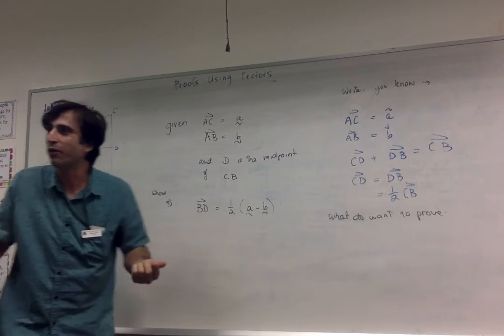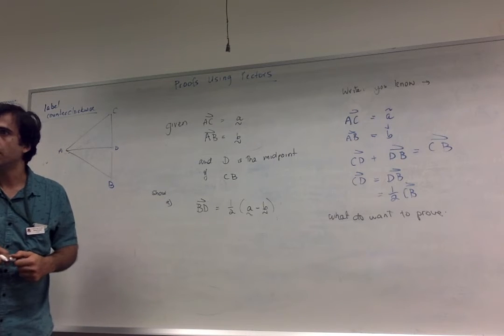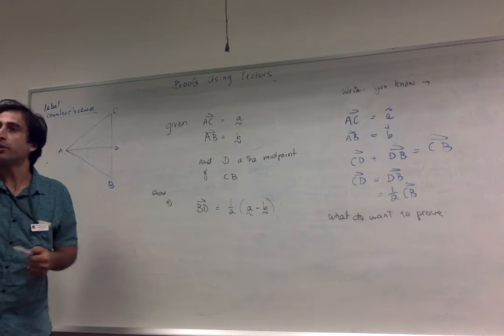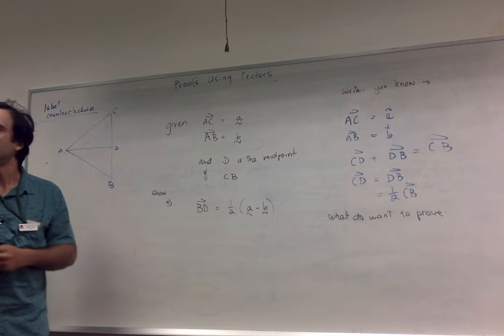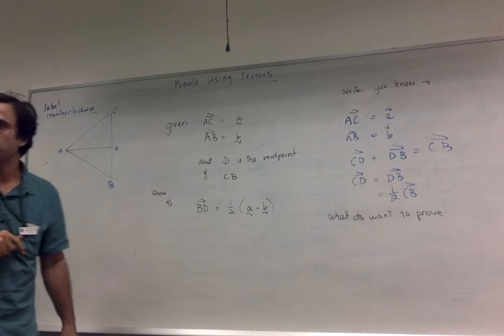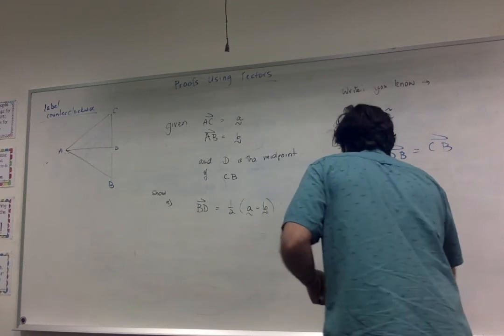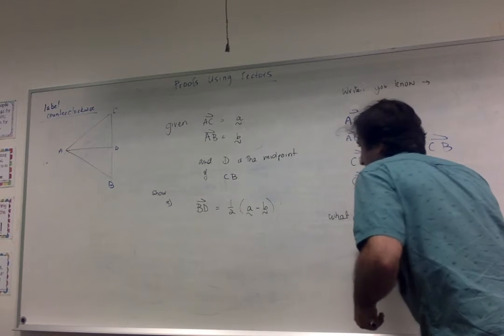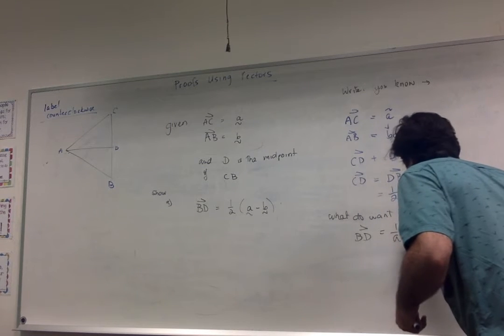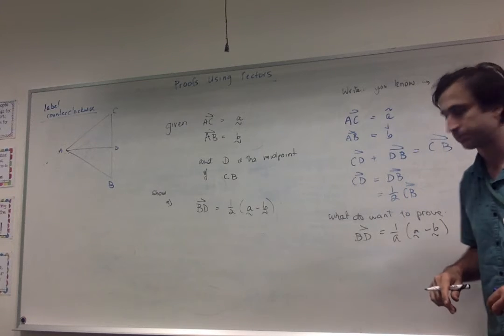In this case, it's very obvious. What are we trying to do? Right. So we need to show that BD is equal to half vector A minus vector B.